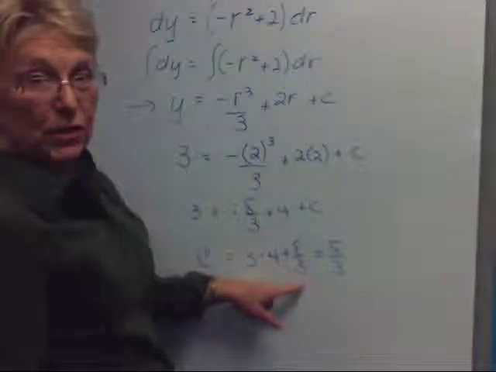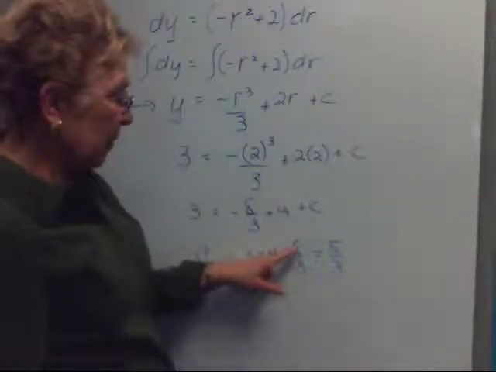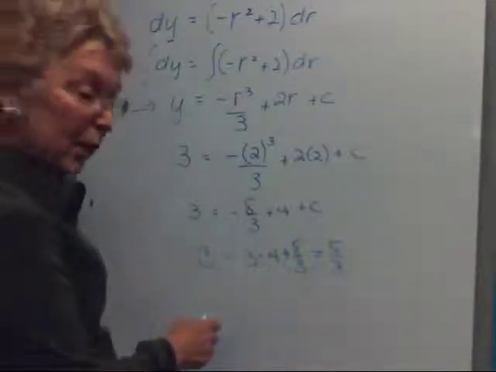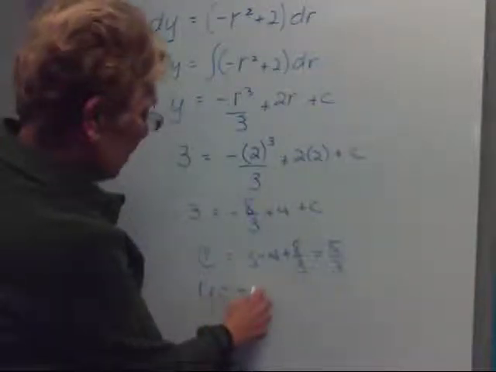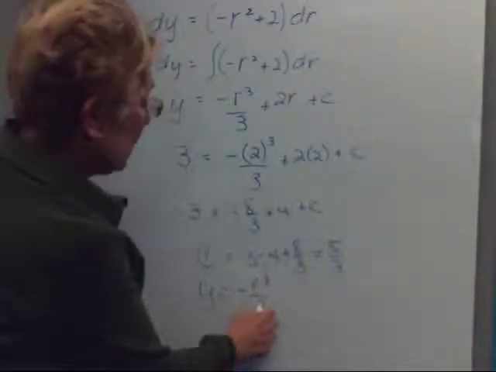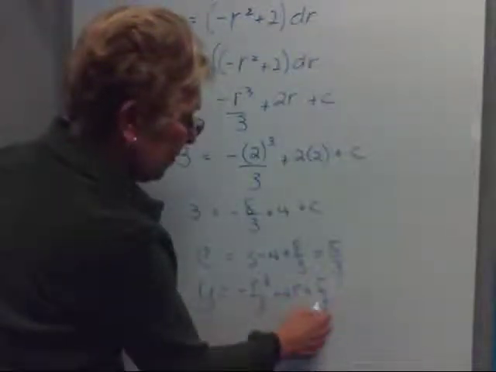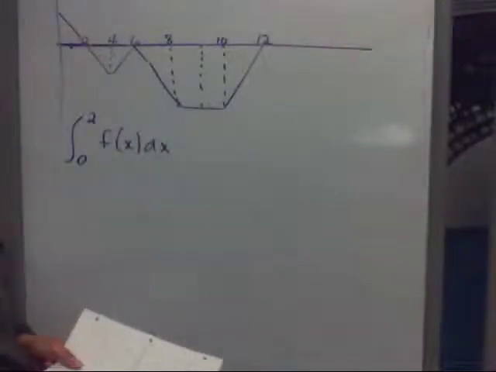But we've got to deal with fractions, so let's call that minus 3/3 instead. Combining with positive 8/3 will leave us 5/3. So now I can write my equation for y as y equals minus r cubed over 3 plus 2r plus 5/3. Thank you.